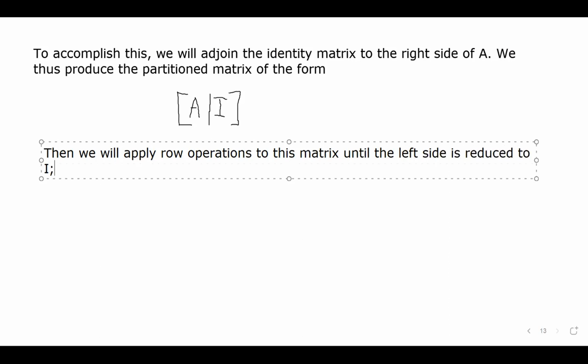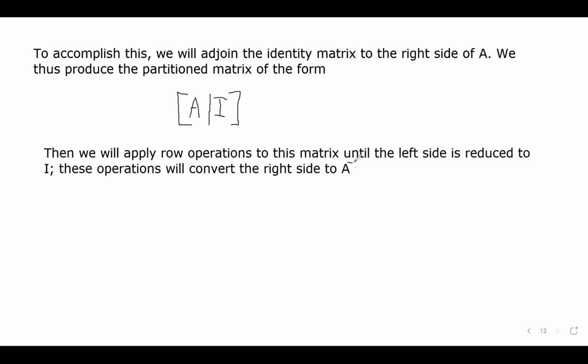Then we will apply row operations to this matrix until the left side is reduced to I, the identity matrix. These operations will convert the right side to A inverse. I'm going to put a little inverse symbol here, A inverse.